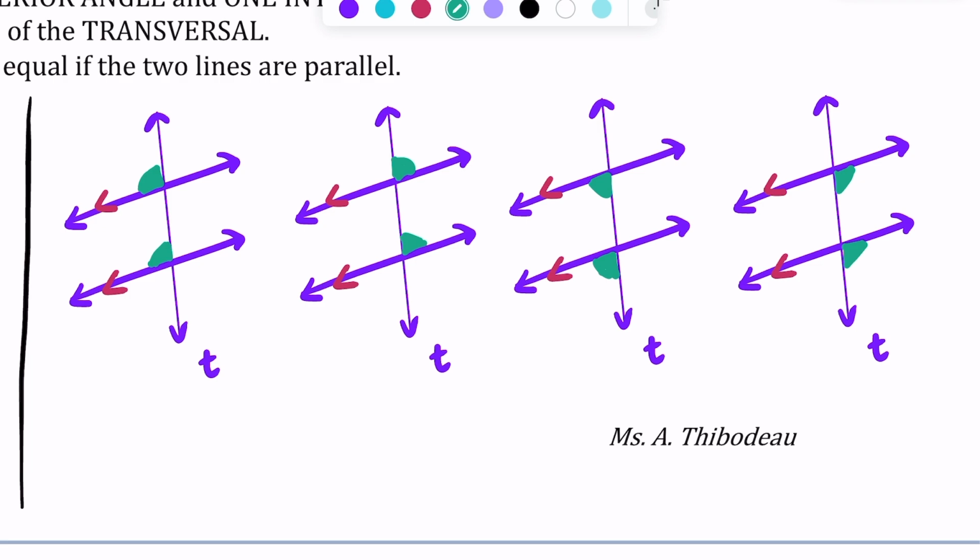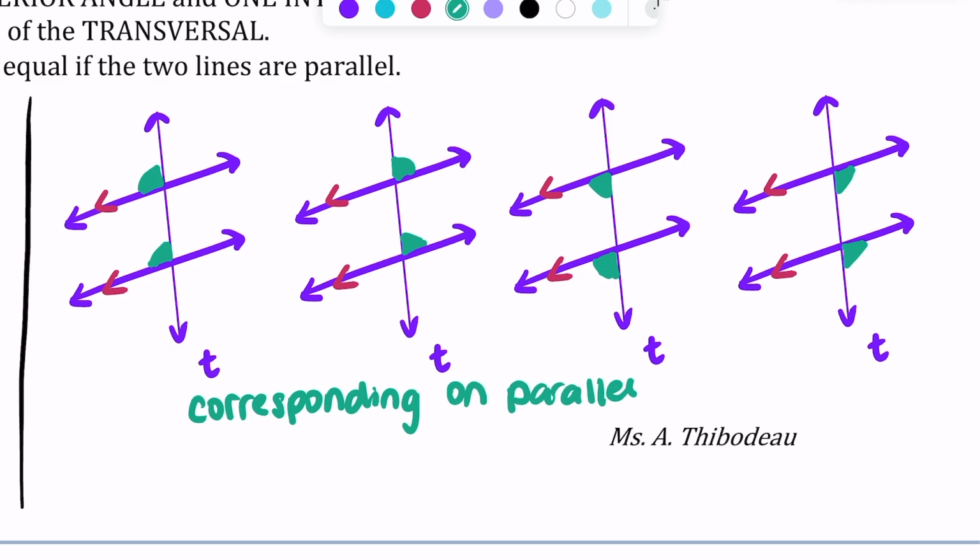But for all of the 4 diagrams we just completed, all of these angles are corresponding on parallel lines and are equal.